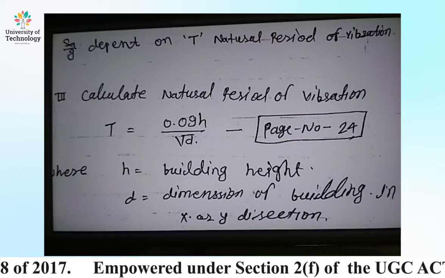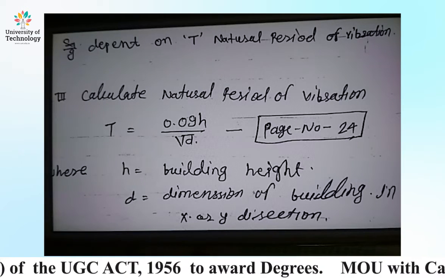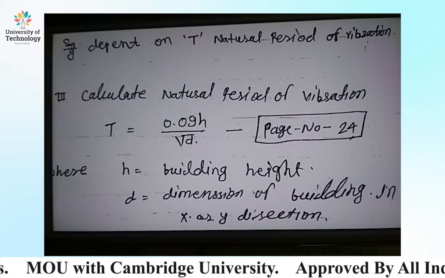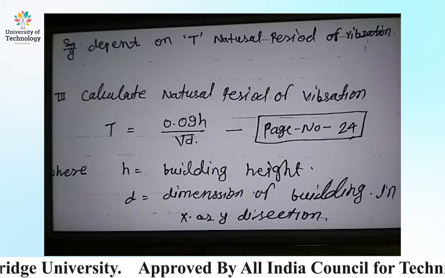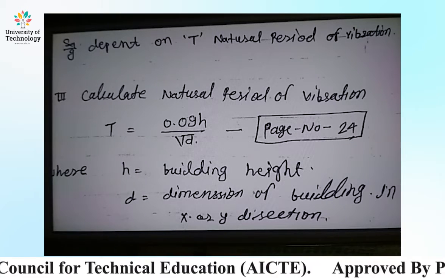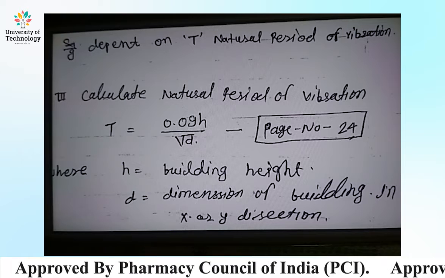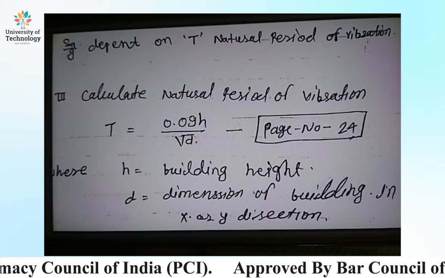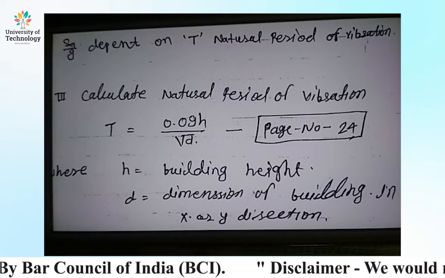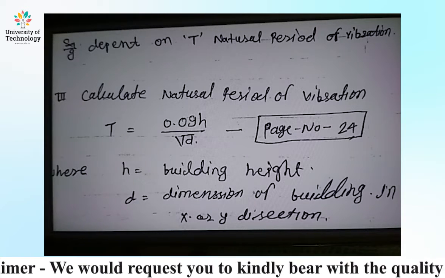Calculate the natural period of vibration in this way: capital T equals 0.09 h, small h, upon square root of d. It is given on page number 24, where small h is the building height, which will be given in the question. Small d is the dimension of the building, which is also given in the question.